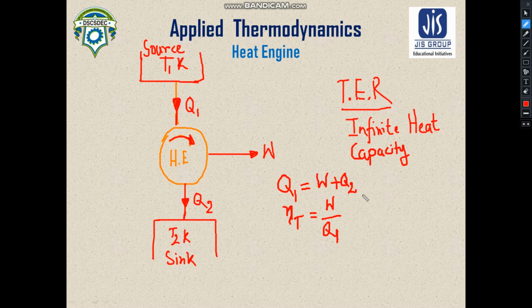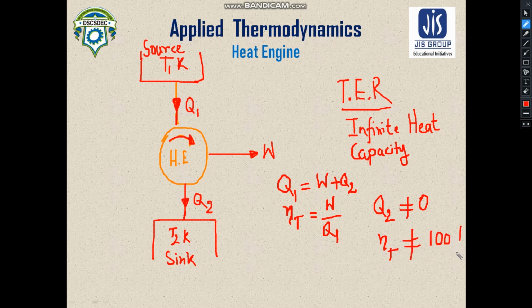Now since you know that this Q2 can never be zero, because there should always be some amount of heat rejection, if this Q2 can't be zero, then the thermal efficiency of the heat engine can never be equal to 100%.